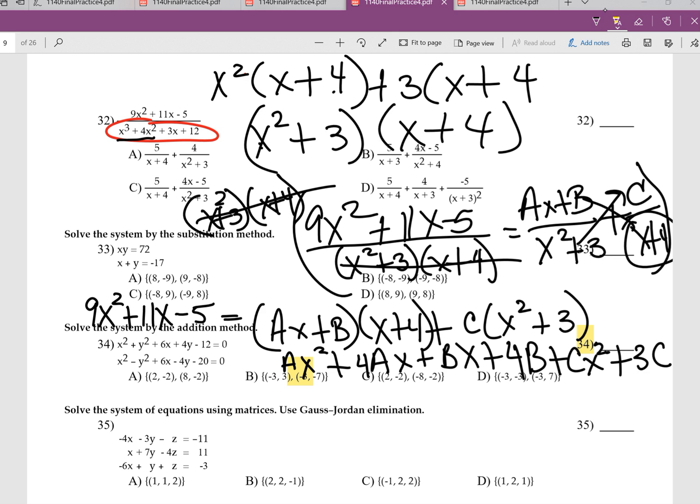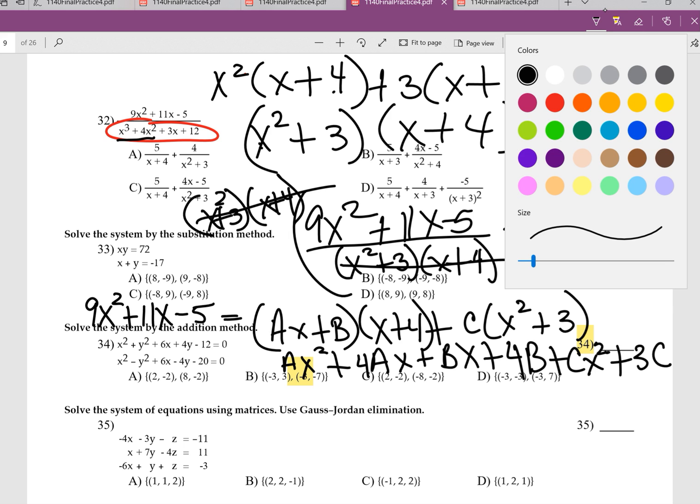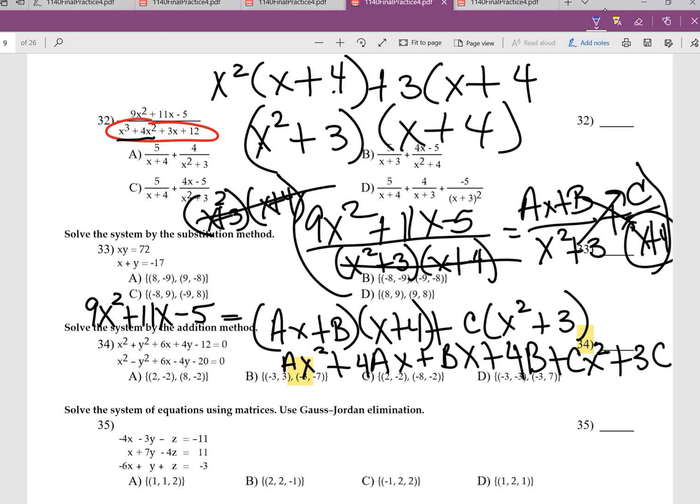I'm going to bring the x terms together as well. So this becomes ax squared plus cx squared, which means that I could factor out x squared, and I know that a plus c has to equal 9, right? So I can just start thinking that way.